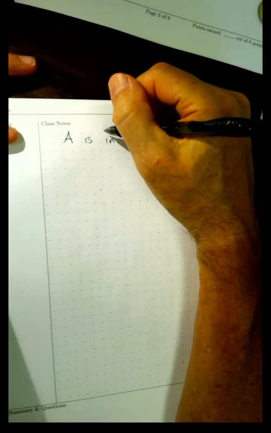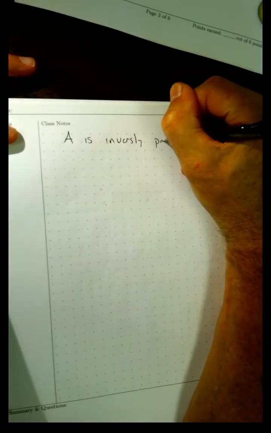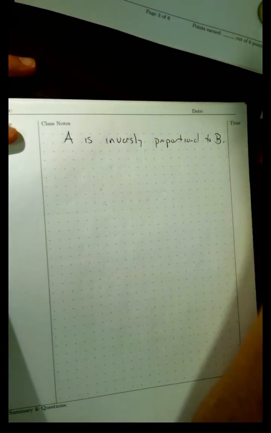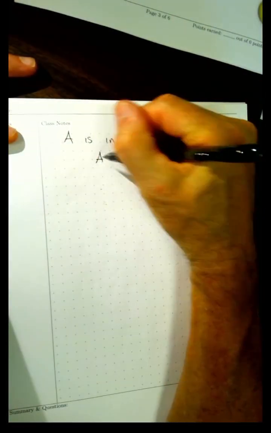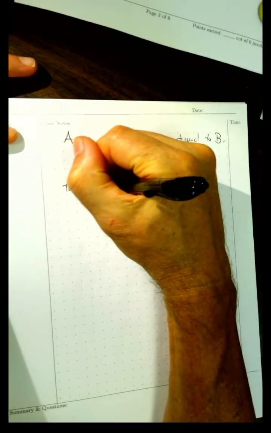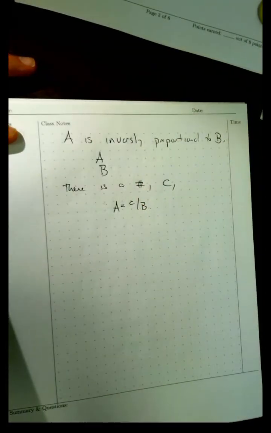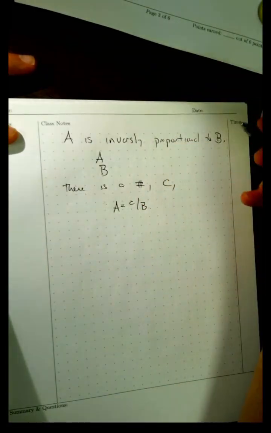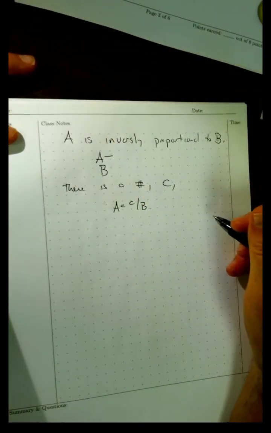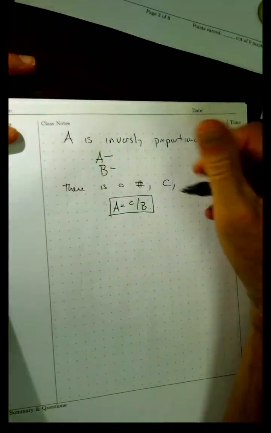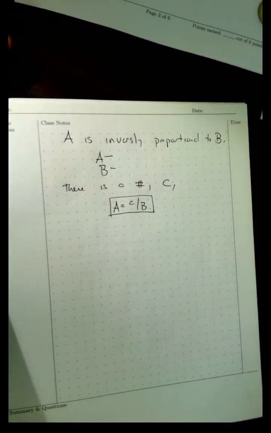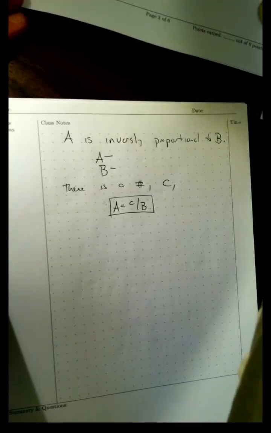Okay. Another example. So in this example, we have the shear force required to break a cylinder is proportional to the cross-sectional area of the cylinder. So what are the variables? One variable is the shear force required to break the cylinder. So let's just call that SF.